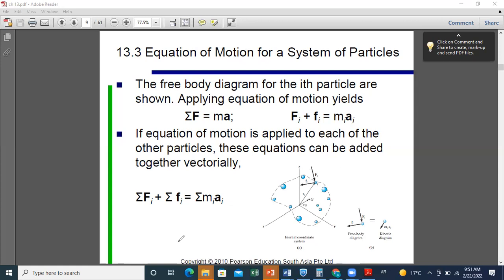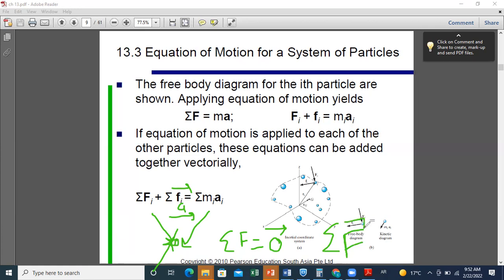If we have one particle, we can take all forces acting on it. If it's at rest, the sum of forces equals 0, or if its velocity is constant, it's equal to 0. If it has a certain acceleration a, we write on it the sum of forces equals ma. This is for one particle.